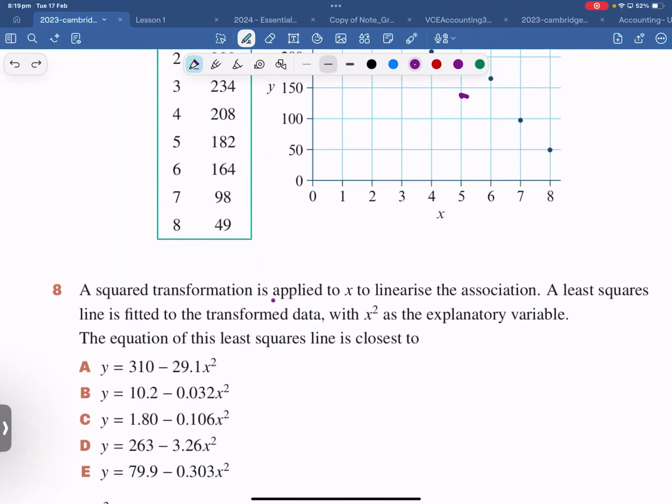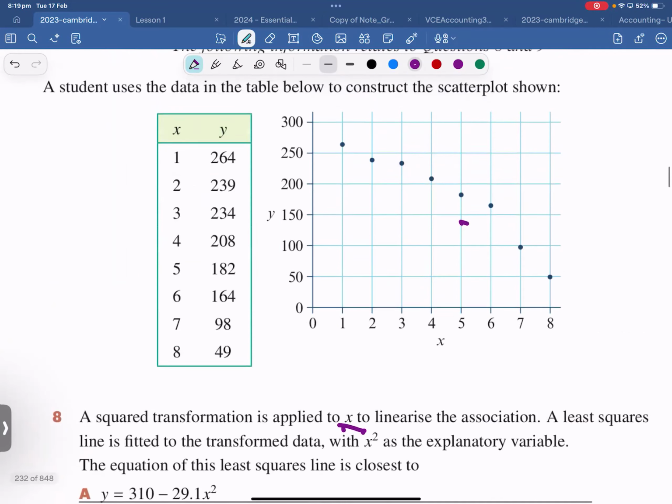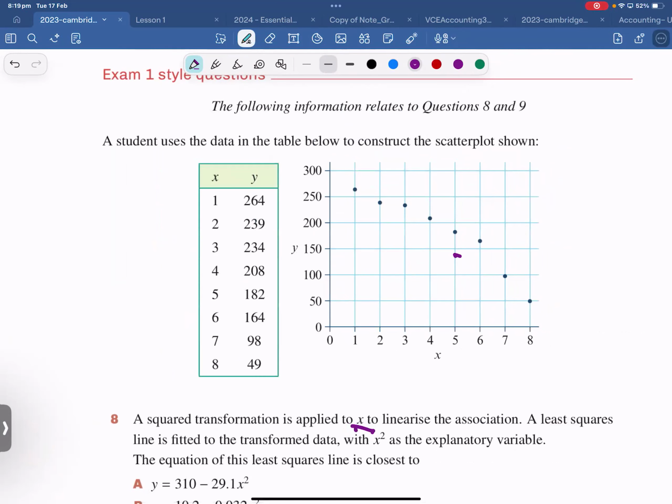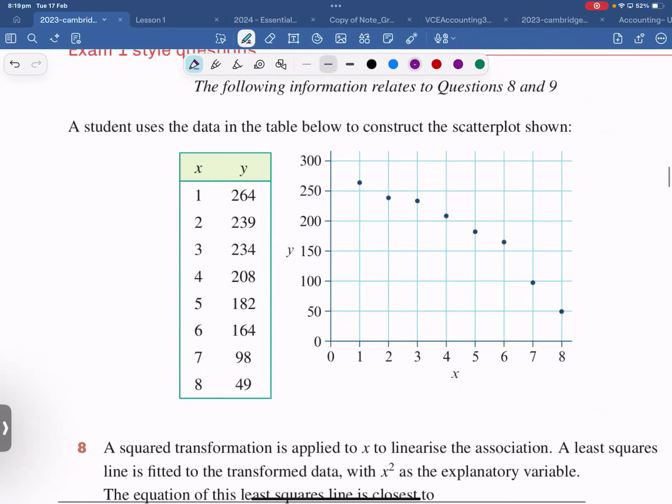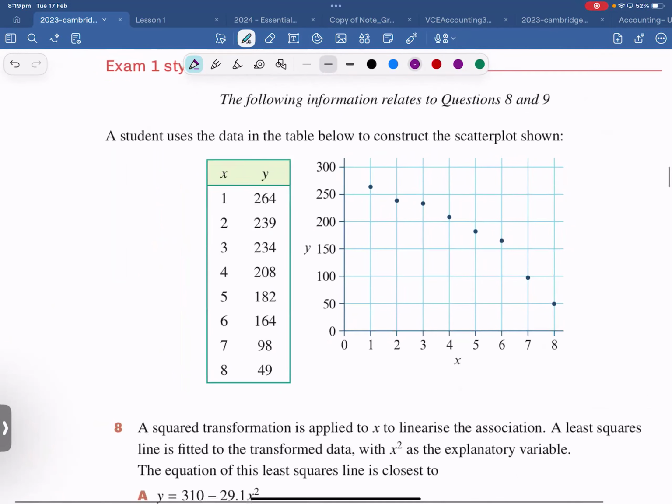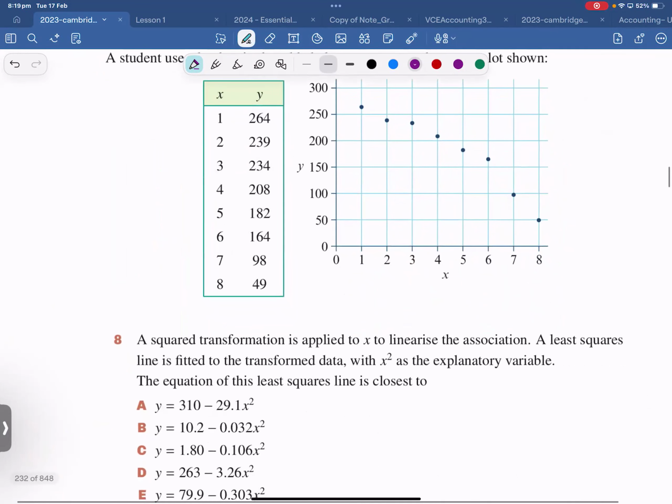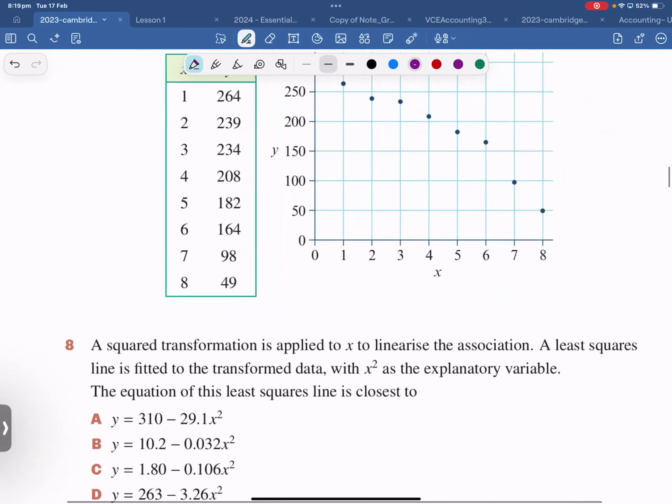A square transformation is applied to X. That means we don't have to figure it out, because they have told us. We don't have to worry about linearizing it. Okay. If that is the case, guys, what do we do? Then we can simply apply X squared. That's it.